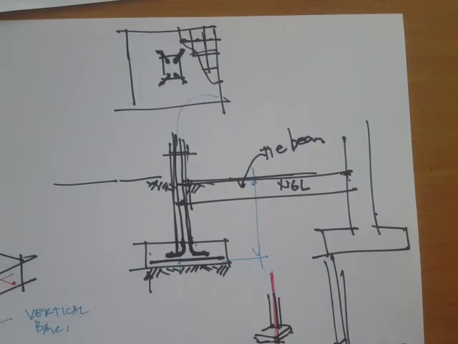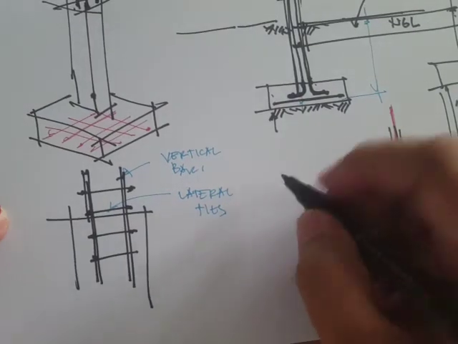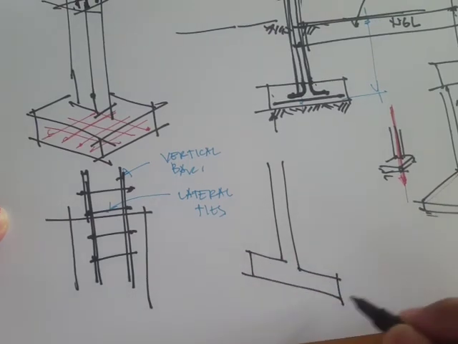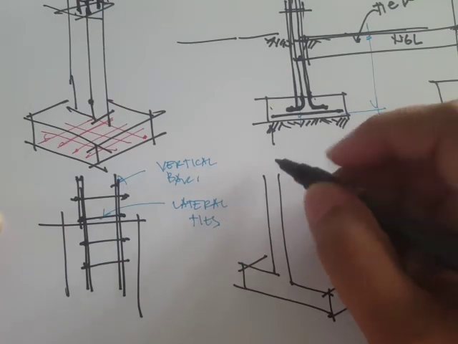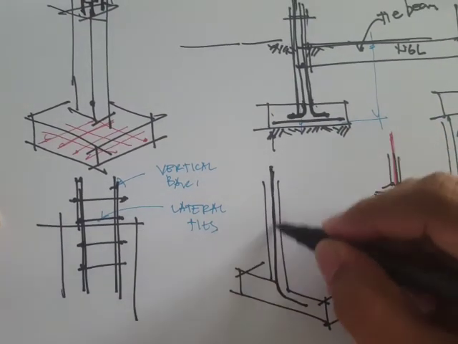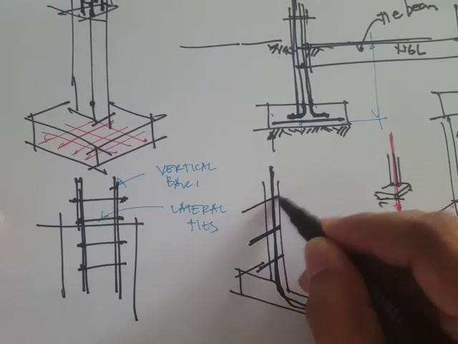Okay, so what else? Another one is the wall footing. So walls also have to have some footings. Recall that walls have vertical bars. So it's bent here, and then it also has horizontal bars.